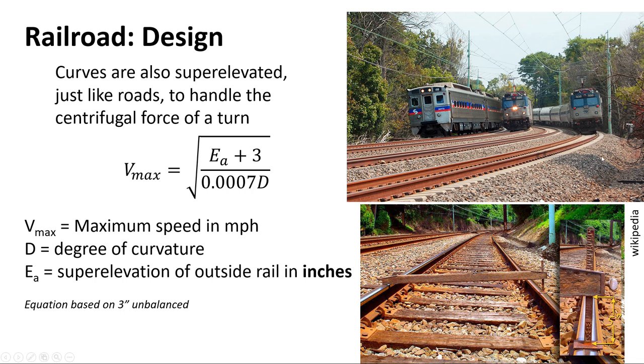Depends on how fast they're going where that resultant force ends up, but that will allow the train to go through these curves faster. And this is Amtrak trains, and I think this is a Philadelphia commuter train, SEPTA, on the Northeast Corridor, which you can tell because it's electrified.